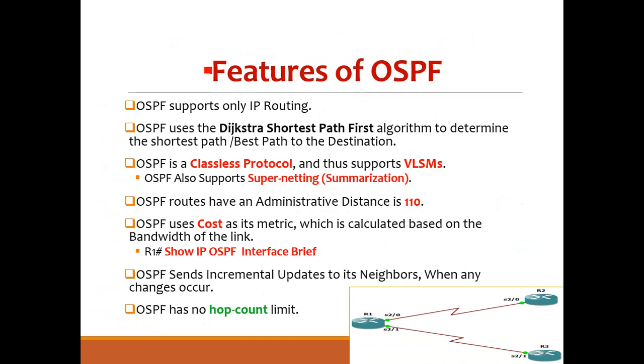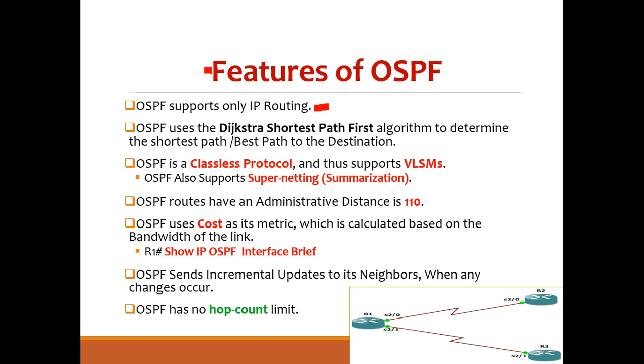Now, features of OSPF. OSPF supports IP routing only. This feature is common nowadays, but when the IP protocol came, at that time we were using multiple routed protocols like IPX, Netware, AppleTalk.